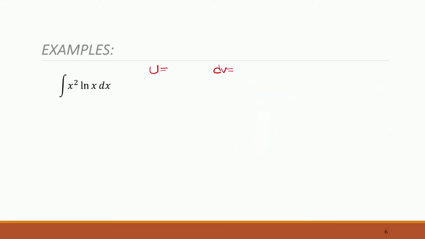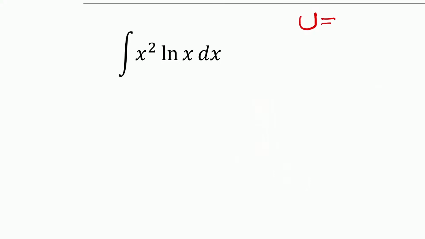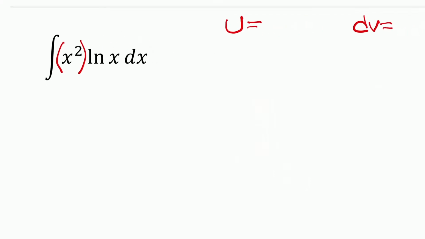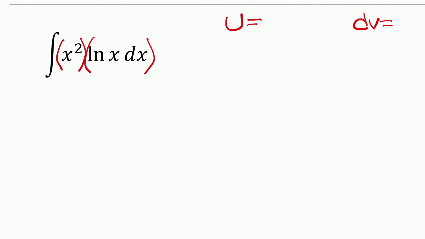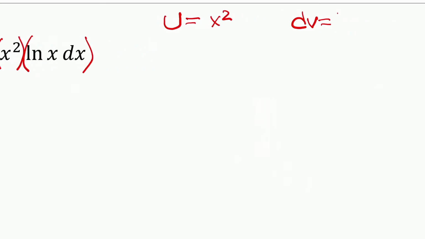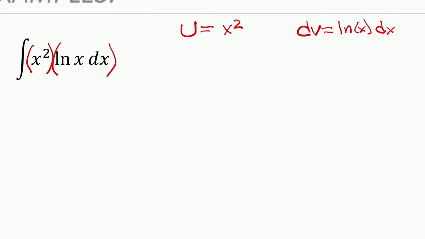So what Bryce is seeing is this product right here. Does that look good? Yeah. Okay, good. So if he's going to choose u equals x squared, then dv is equal to the natural log of x dx. So far, so good? We've got it separated. Everyone's cool with this?